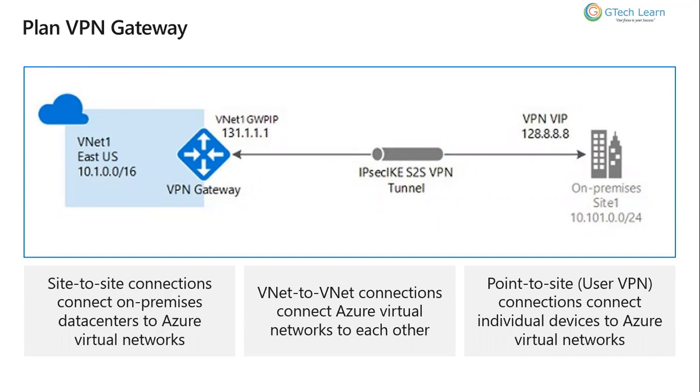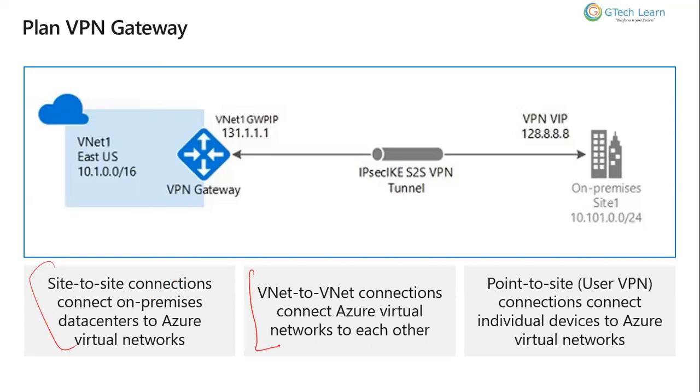If you want to connect your data center to Azure, you can connect your data center to your on-premises network. Here you can see that it provides the site-to-site connection to connect your on-premises data center to the Azure Virtual Network.